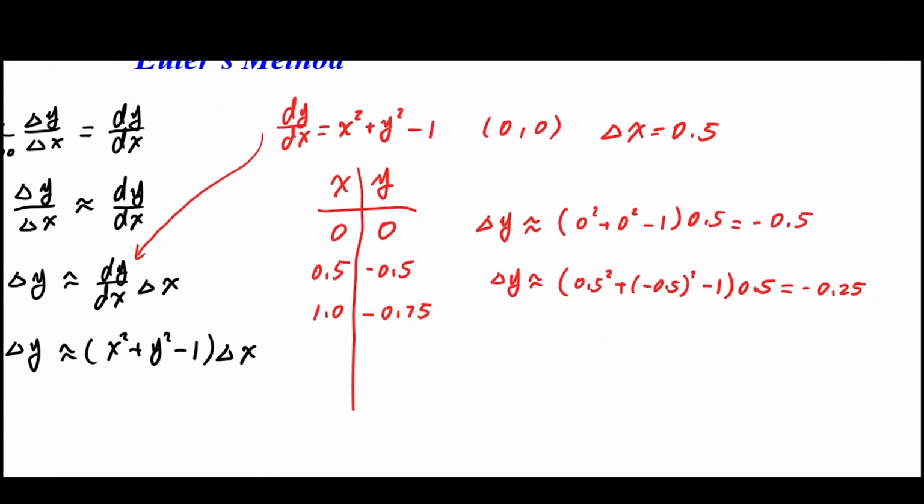I'll just set up the next one and not really compute it. x will increase by 0.5 again, so it becomes 1.5, and our delta y, now using these two, is 1 squared plus negative 0.75 squared minus 1 times 0.5. Whatever you get here, you add it to this value, and then you compute the next one.